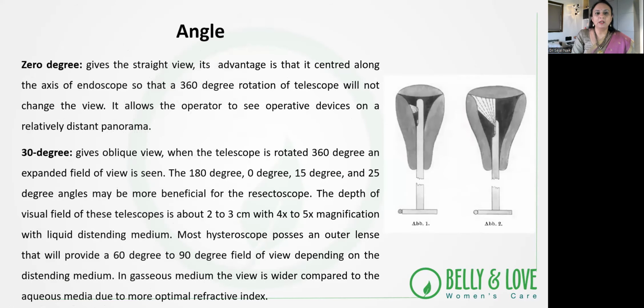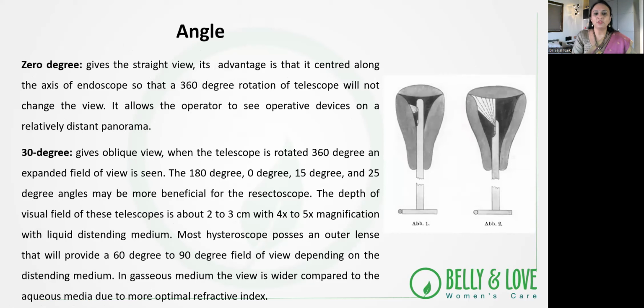Now, different angles of vision give different views. The 0 degree gives a straightforward view, and there is no change in the view with rotation of the telescope through 360 degrees, and it allows the operator to see operative devices on a relatively distant panorama. 30 degree is one of the commonly used in hysteroscopy.